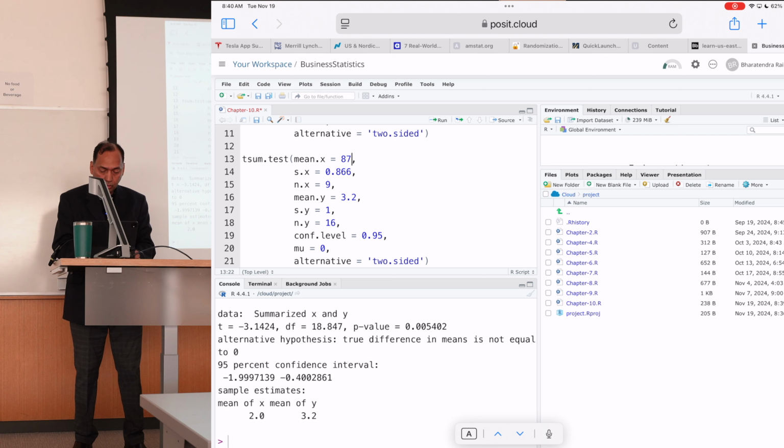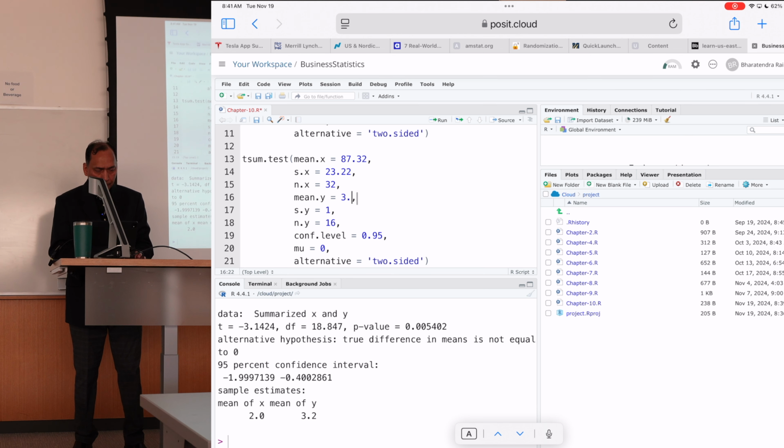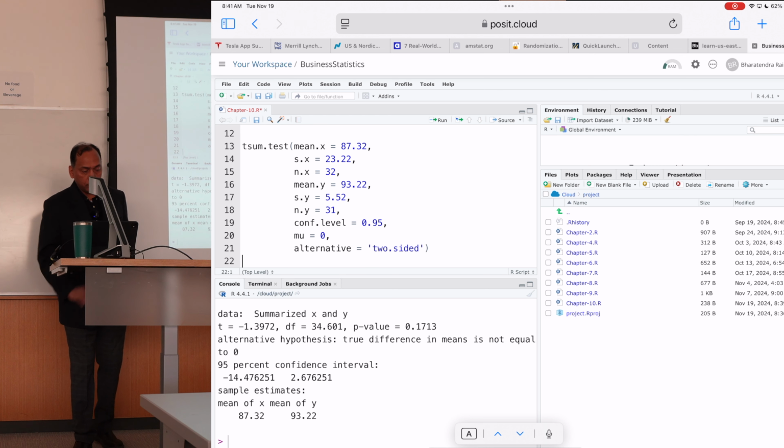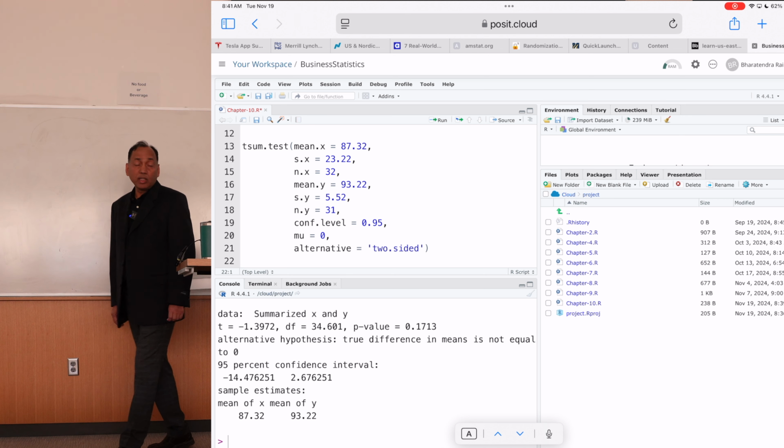So it is 7.32 was the percentage in test 2, 23.22, 32 students, 93.22, 5.52 with 31 students. You run that, and the p-value is 0.17.